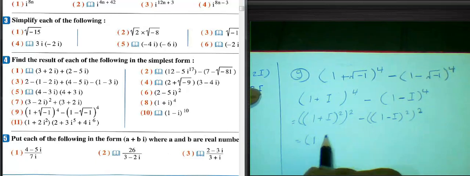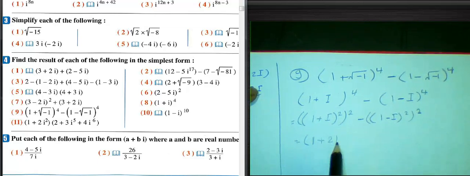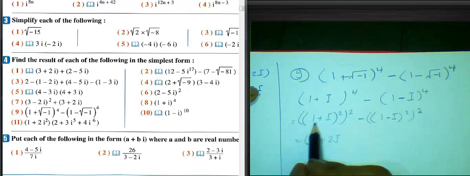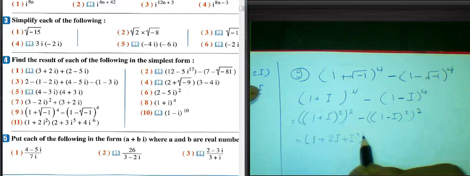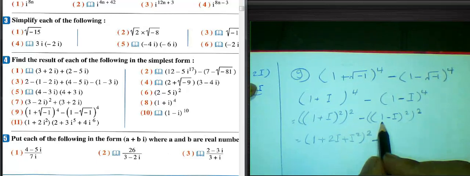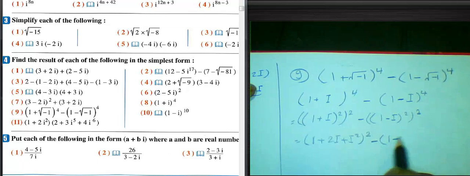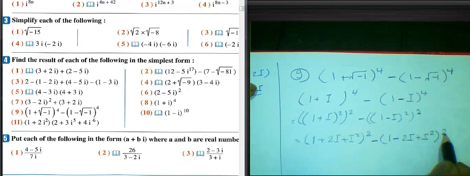We will find the result of 1 plus i to power 2. 1 plus 2i, first times second times 2, plus i power 2, all in parentheses, 2 power 2, subtract 1 power 2 equals 1, negative 2i plus i power 2, all power 2.